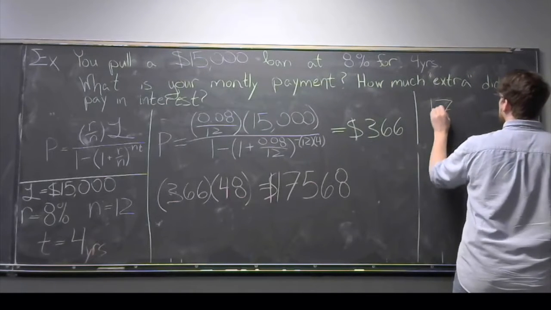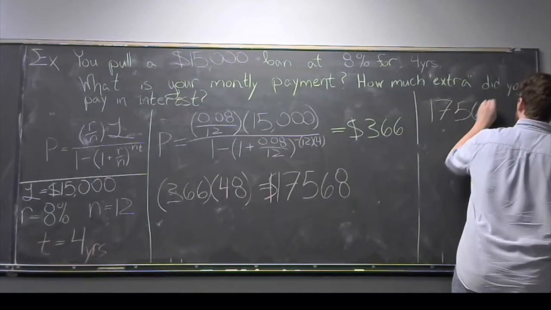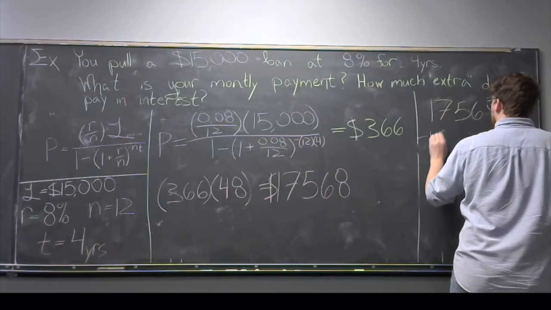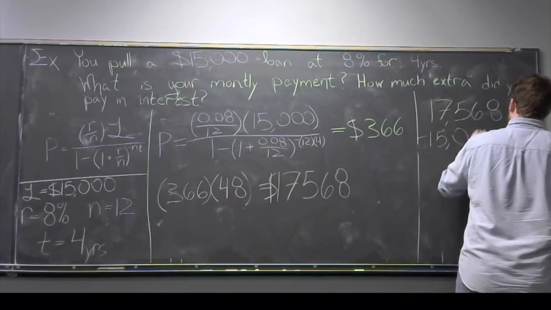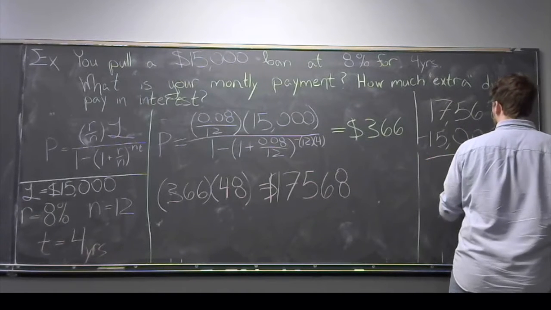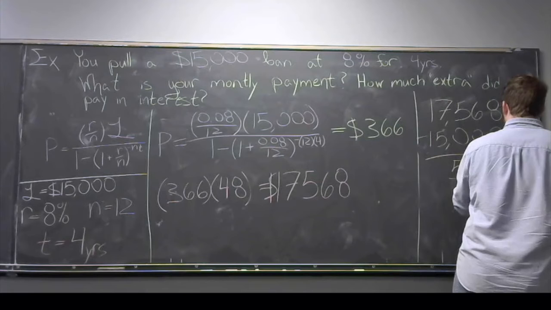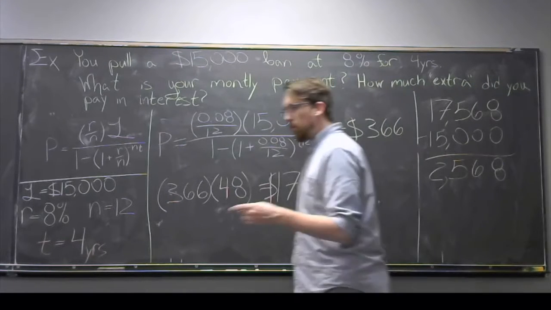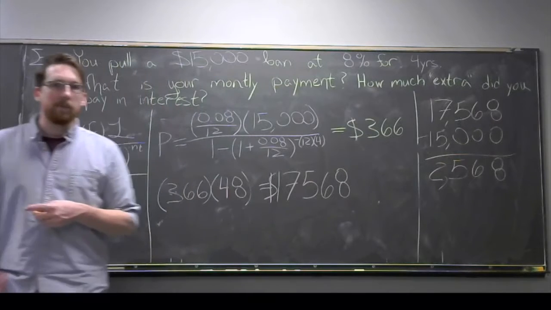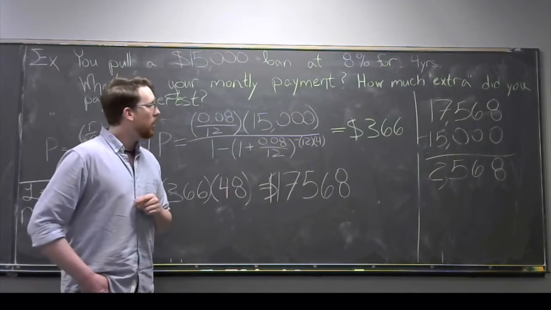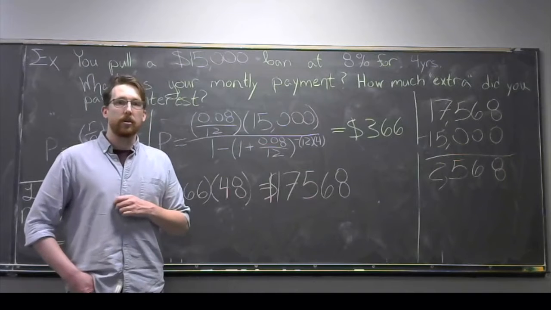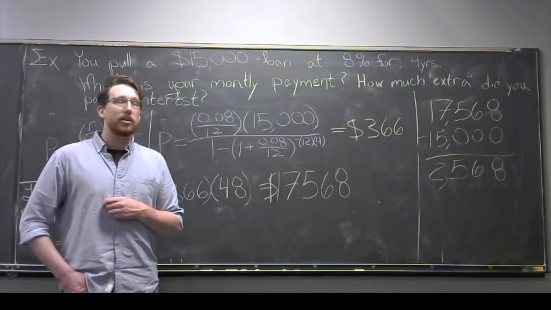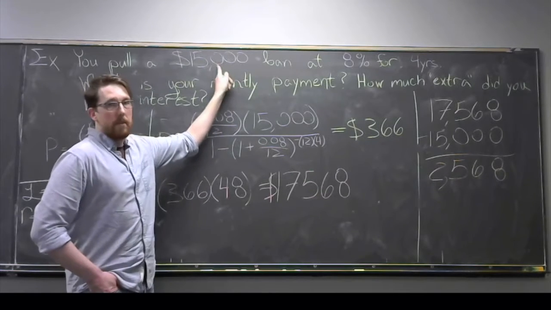So 17,568 minus 15,000 all comes out to be $2,568. That's how much extra we paid in interest. Roughly 17% of what our original loan amount was.